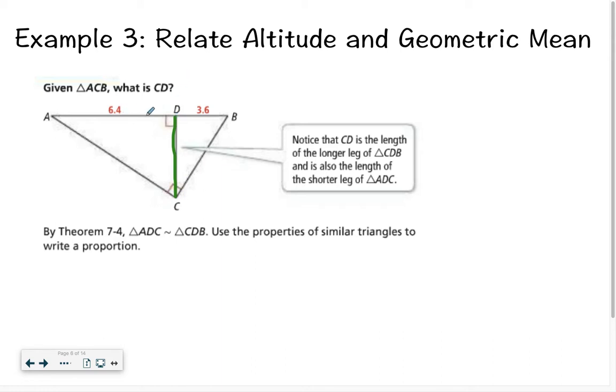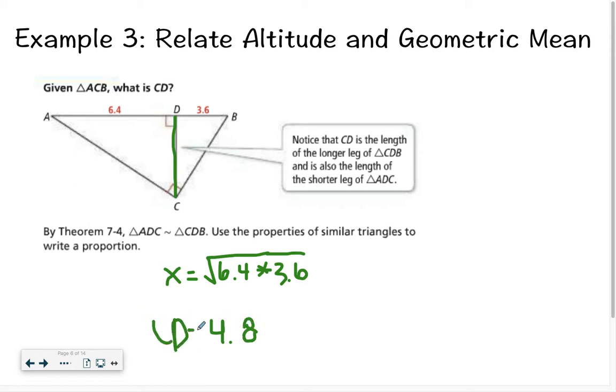In order to find the altitude, you can say x equals the square root of 6.4 times 3.6. And if you do the square root of 6.4 times 3.6, you would get 4.8 as an answer. And that is what CD equals.